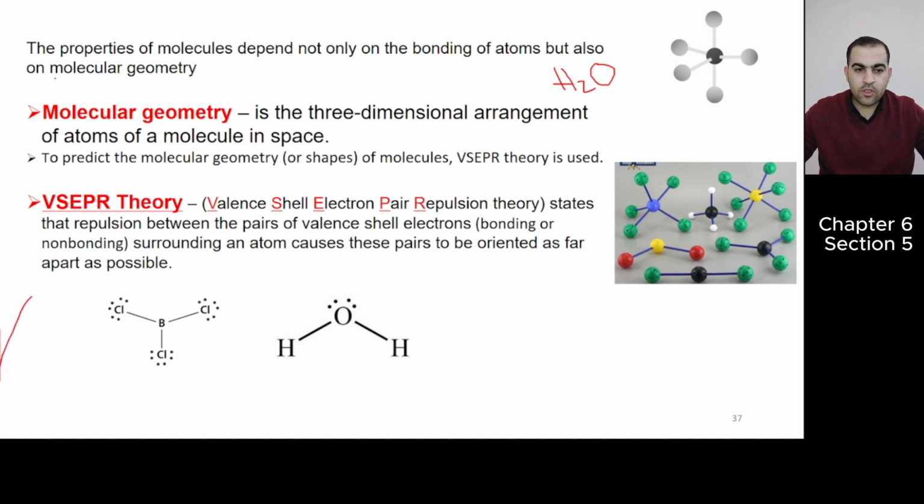Molecular geometry is important because it affects the properties of molecules, that is, the properties of molecular compounds. What is molecular geometry? Molecular geometry is the three-dimensional arrangement of atoms of a molecule in space. We want to know how the atoms are arranged in space.